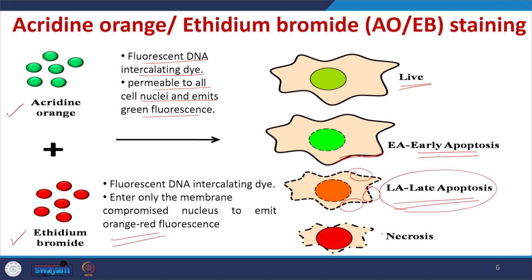And if the cell is undergoing necrosis, what happens is the cell membrane is ruptured, whereas you can see that the nucleus is intact. So, this ethidium bromide will stain the nucleus and the cell nucleus appears red color.